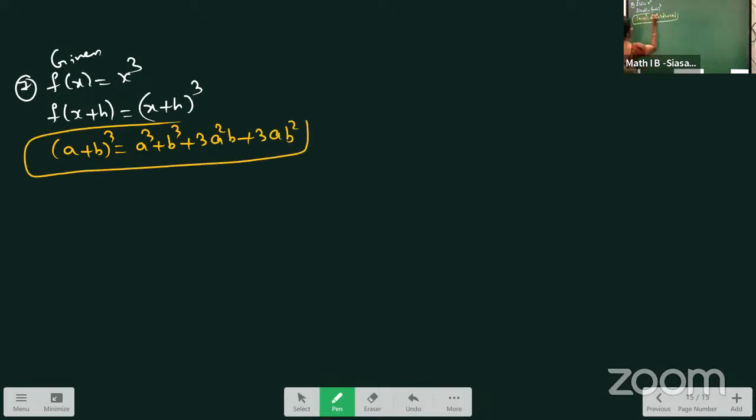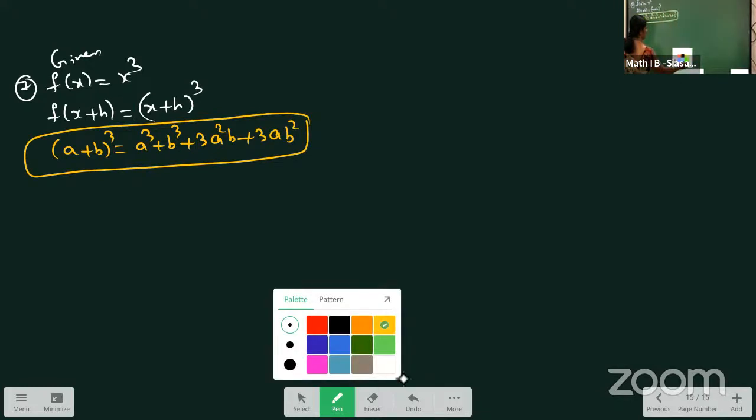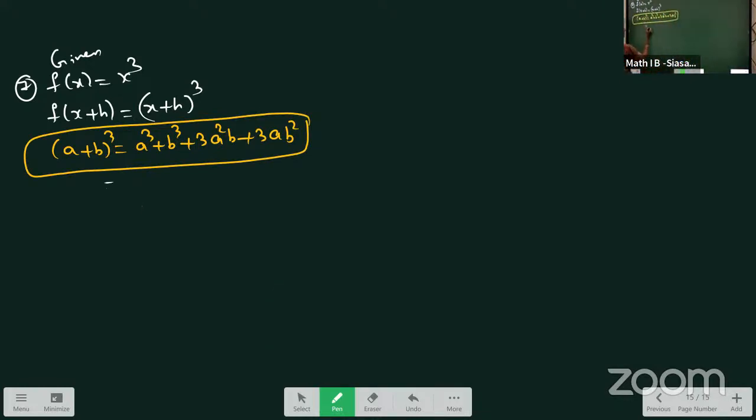Apply this formula to the step. So that is x cube plus h cube plus 3x square h plus 3x h square. This is the value of f of x plus h. Now apply the first principle. By the first principle.